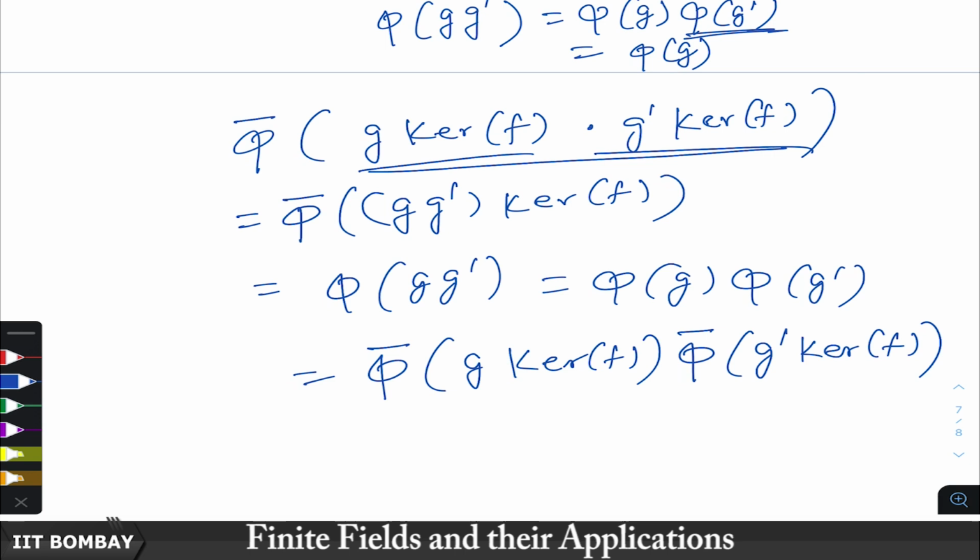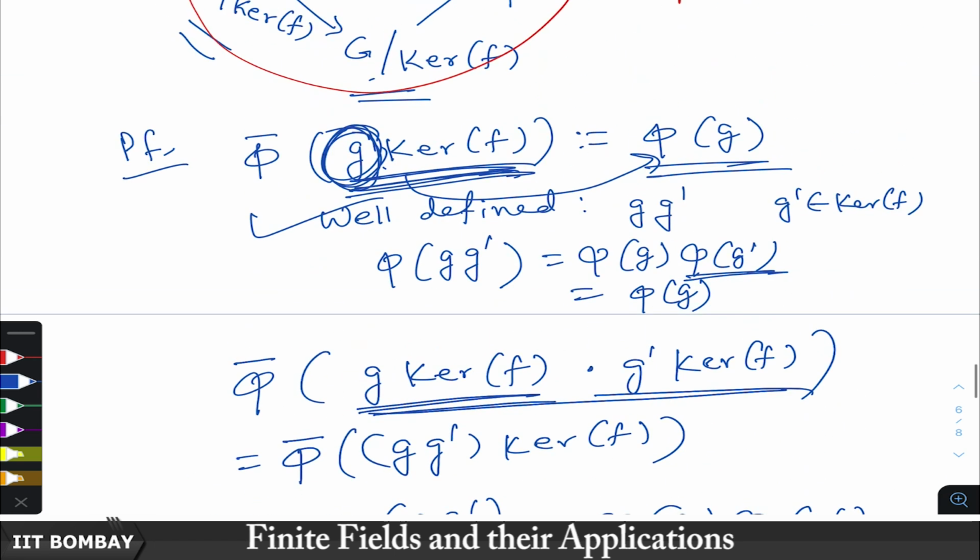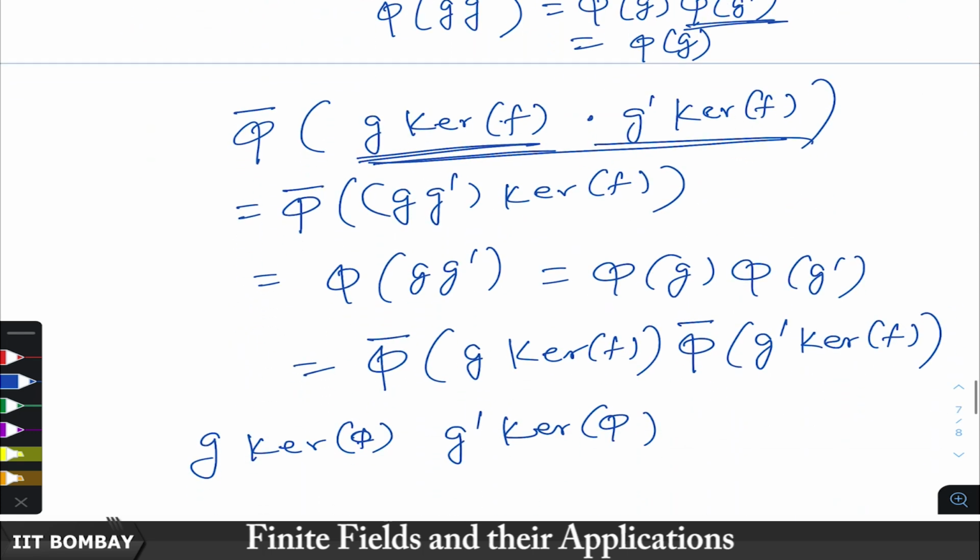Now, one to oneness can also be easily proved. You take any two cosets g kernel f and g prime kernel f, sorry, g kernel phi and g prime kernel phi. I should have written it as kernel phi here, it is not f.